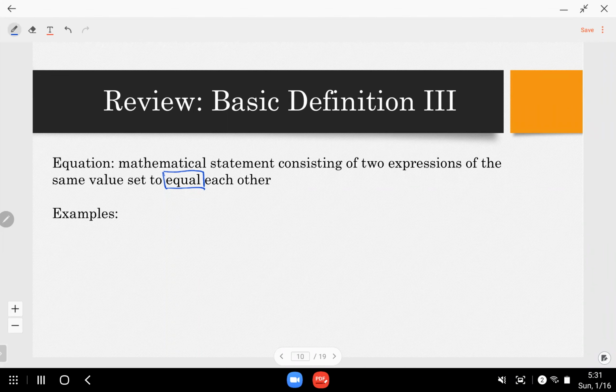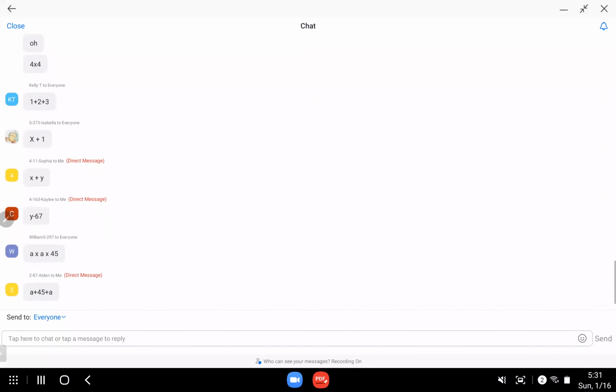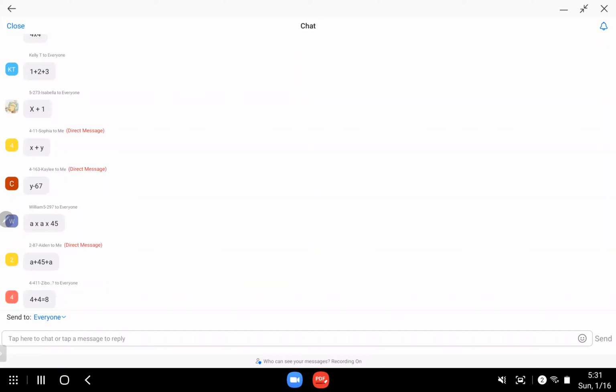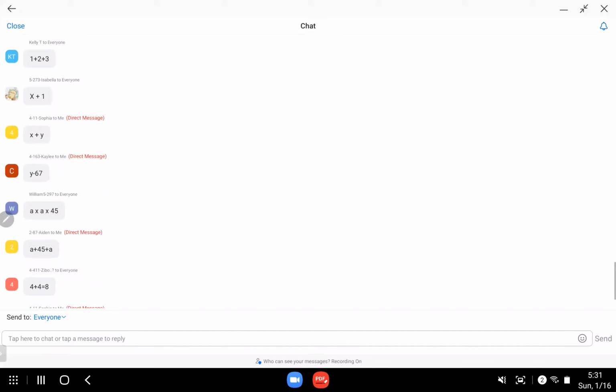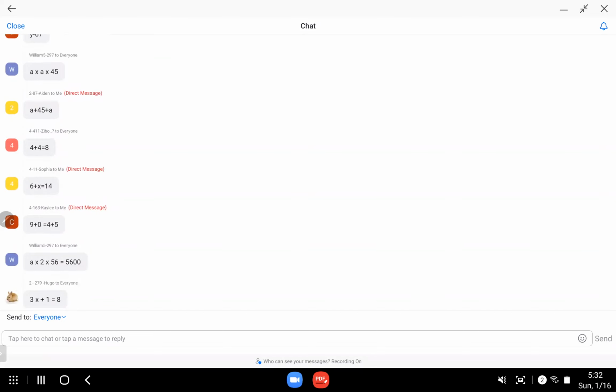Some examples of equations. Who can give me some examples of equations? I did see some equations earlier because there were some equal signs. Yes. 4 plus 4 equals 8. That's correct. 6 plus x is equal to 14. 9 plus 0 is equal to 4 plus 5. A lot of them, right?